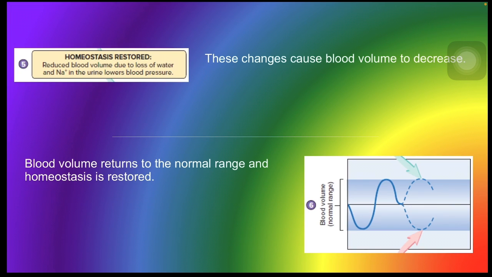Stage 5, these changes cause blood volume to decrease. Stage 5, the blood volume slowly decreases. And lastly, stage 6, blood volume returns to the normal range and homeostasis is restored. So stage 6, it is back to the normal range.